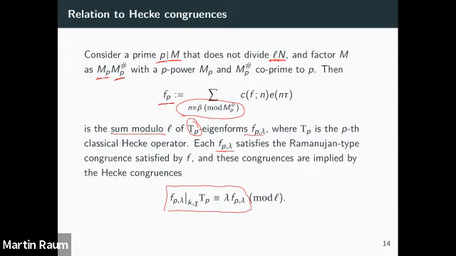So you can have several Satake type parameters which imply the same congruence, and then F_P is really a sum possibly, and not necessarily an eigenform.